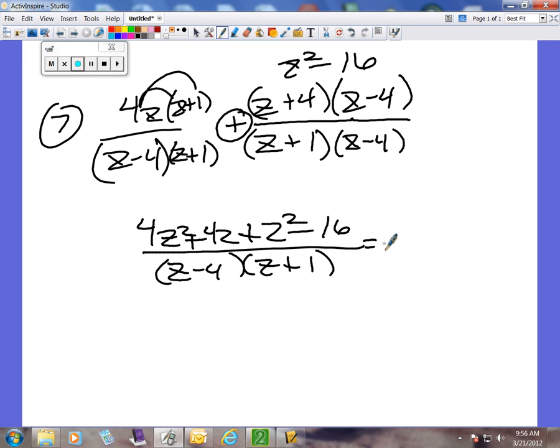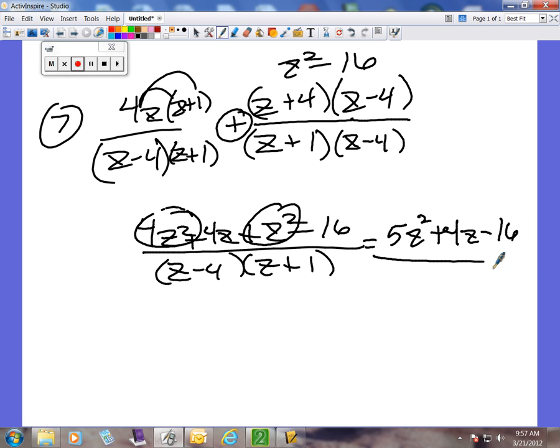So what's 4z squared and 1z squared? Yeah, not 5z to the 4th. We're adding like terms, we're not multiplying. Do we have anything to add to the 4z? And we have a minus 16, don't we? That's all we can do, all over your denominator.